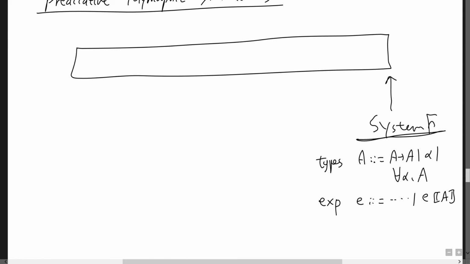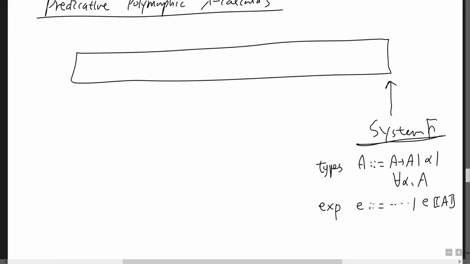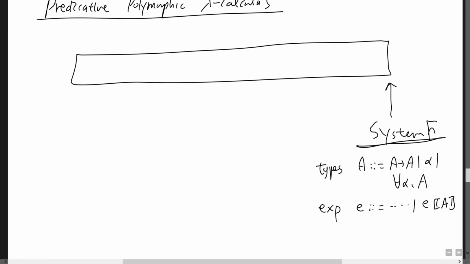System F is a very powerful language in terms of polymorphism, but it has one big downside, which is that type reconstruction is undecidable.